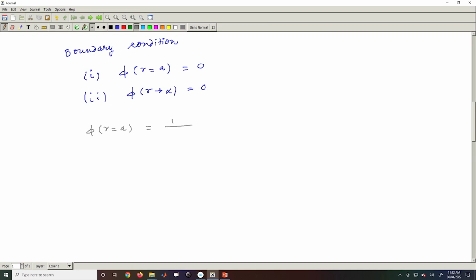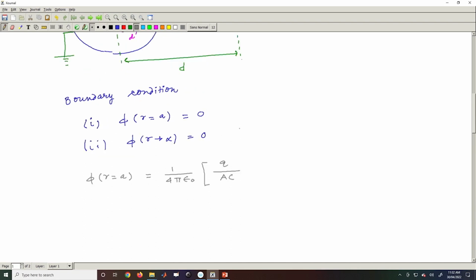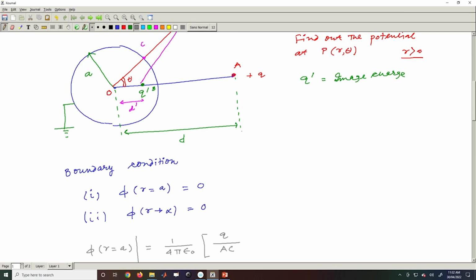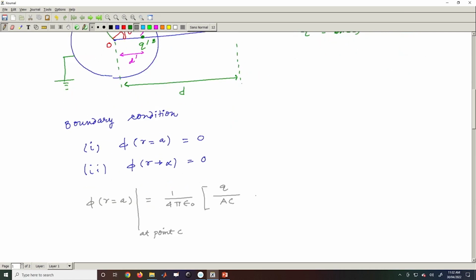It is 1 divided by 4 pi epsilon naught, and then Q divided by the distance from that point. So this is at point C, AC, plus Q prime divided by BC. So that quantity is 0.